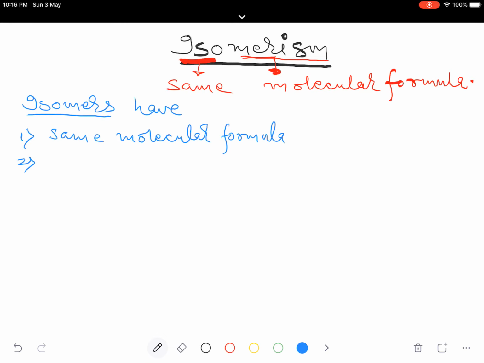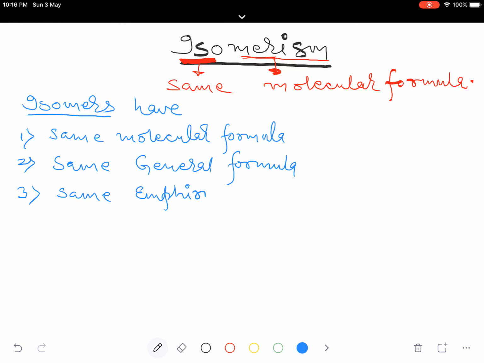At the same time we can say same general formula also will be there. So if they are having same molecular formula or same general formula, their empirical formula will also be same. So I can write same empirical formula, right?